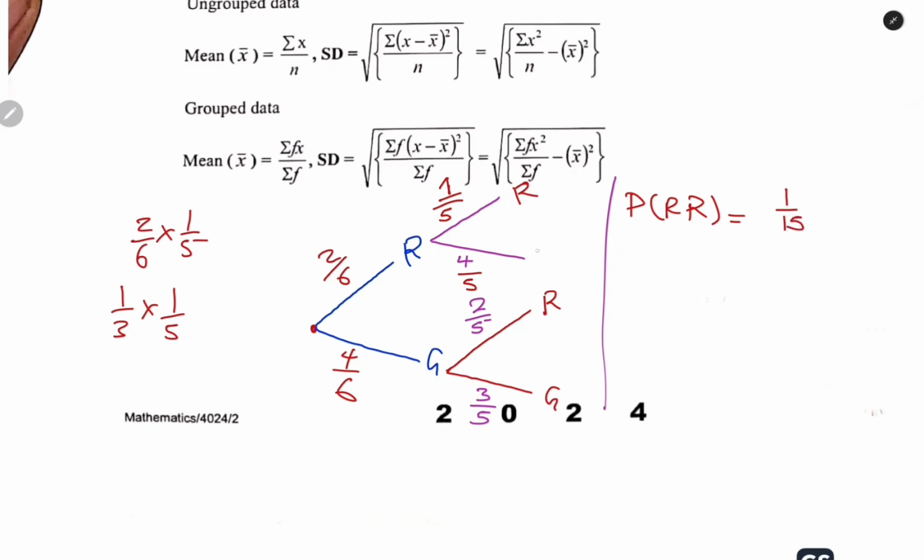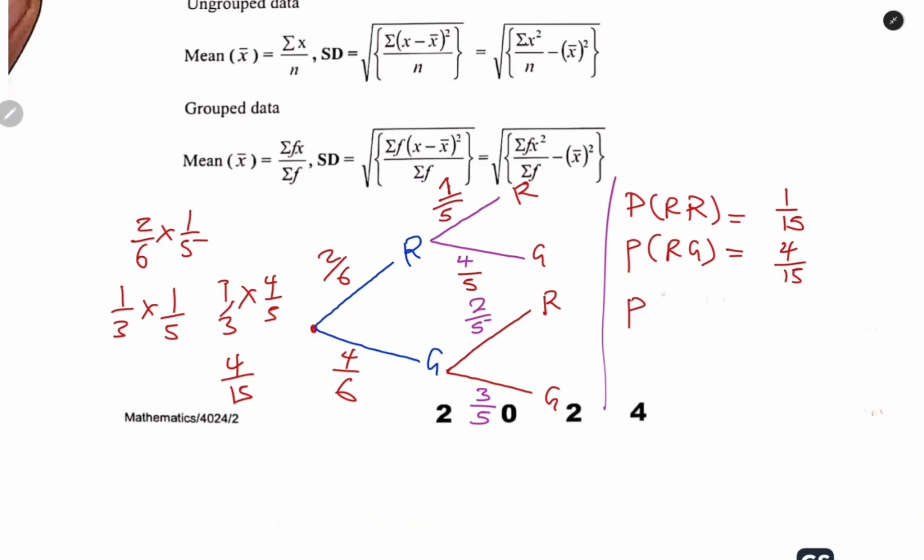Then this is green. What about red, green? The probability of red, green is equal to 1/3 multiplied by 4/5, which is 4/15.